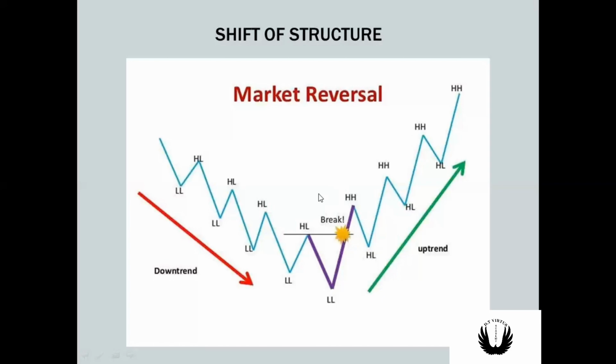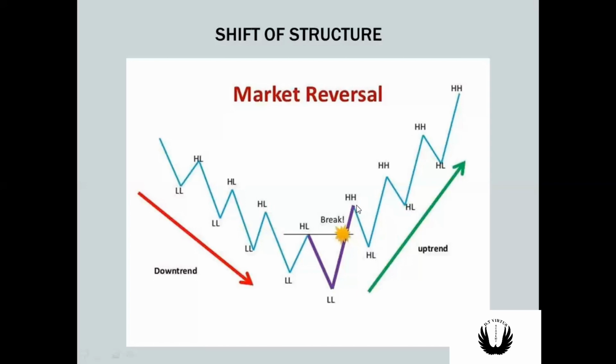This situation here is called shift in structure. That is, the market is no more selling. They are now about to start buying. This is the move that will tell you that we'll stop selling and we are about to buy, right? So the market stopped selling and moved to the bullish trend, the uptrend.